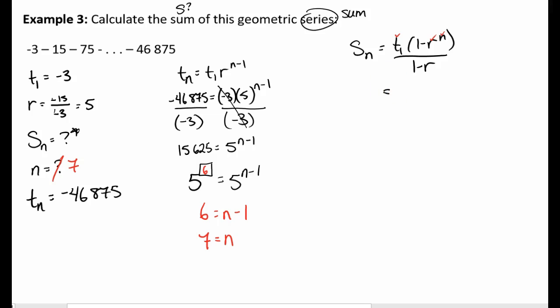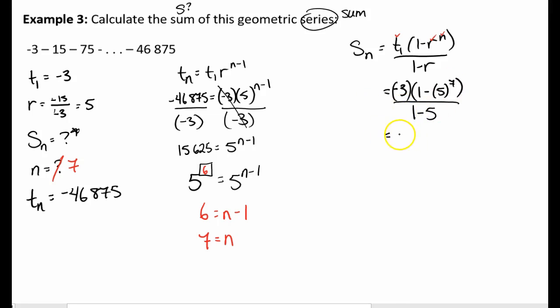So again, I'm going to plug and chug. And this time I don't need to move my formula around. So that's kind of nice. So I'm going to take -3 multiplied by 1 minus 5 to the power of 7, all divided by 1 minus 5.